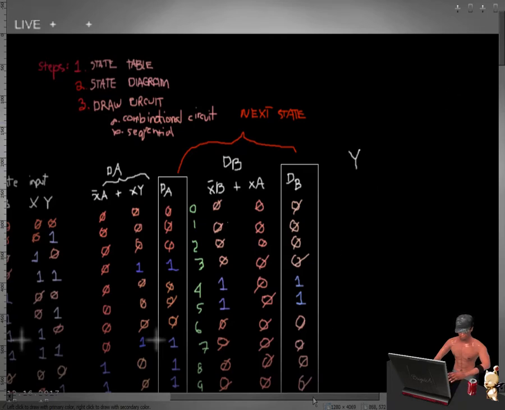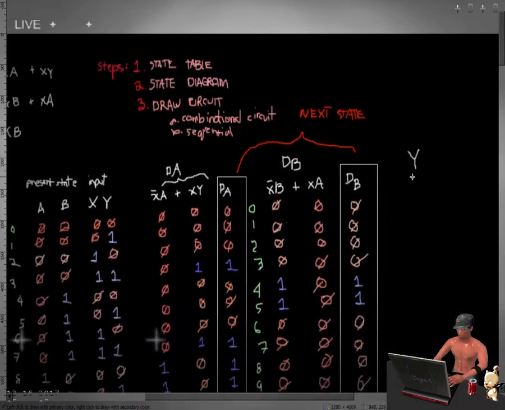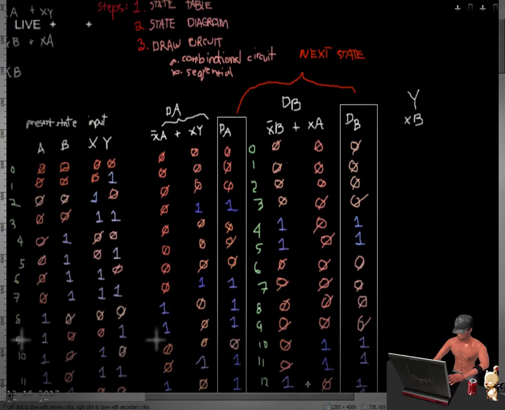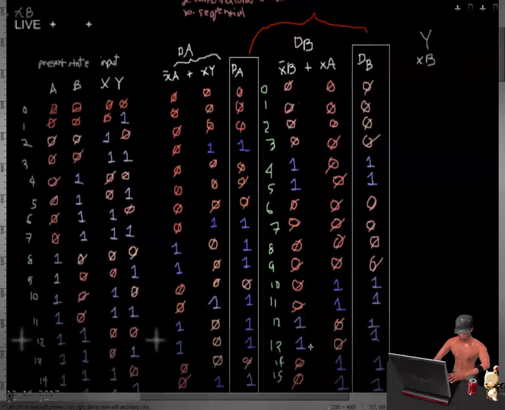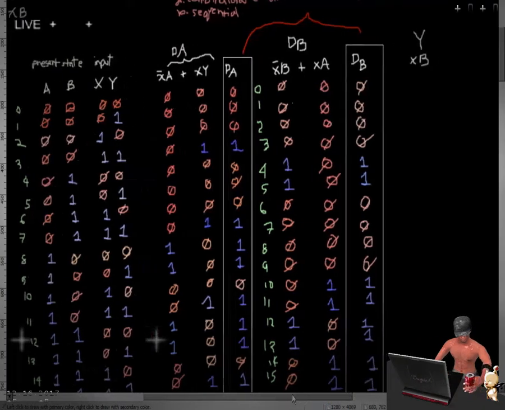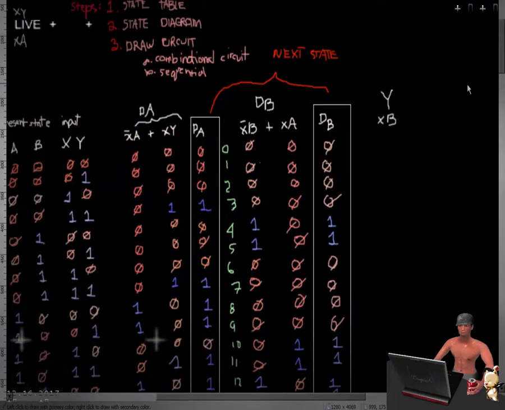And Y is basically X and B. So basically we just have to evaluate X and B. And X and B is going to be 0, 0, 0, 0.